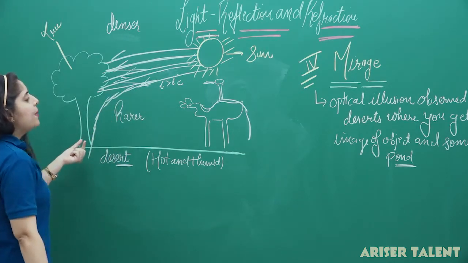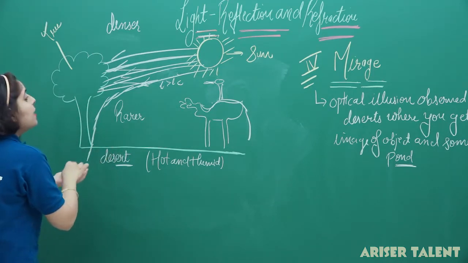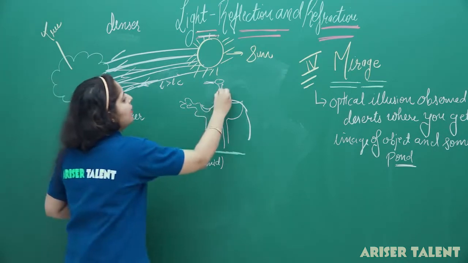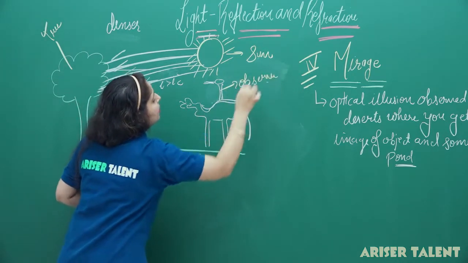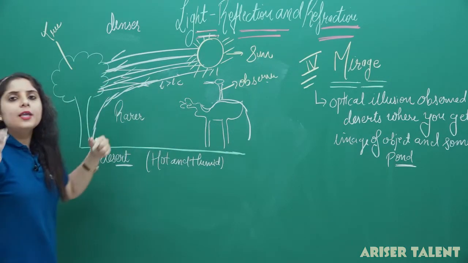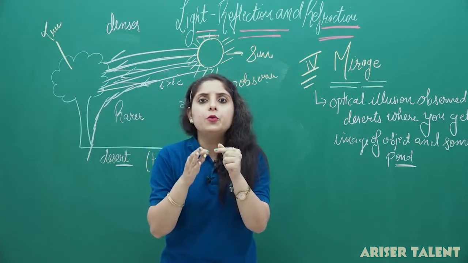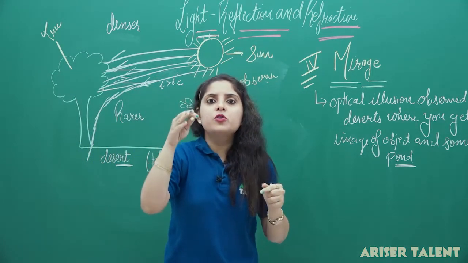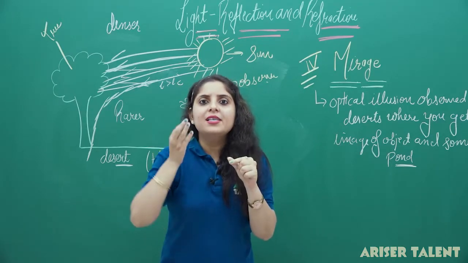Now the observer is located here. The human eye has a tendency to visualize objects as straight, meaning the light is assumed to travel in a straight line.